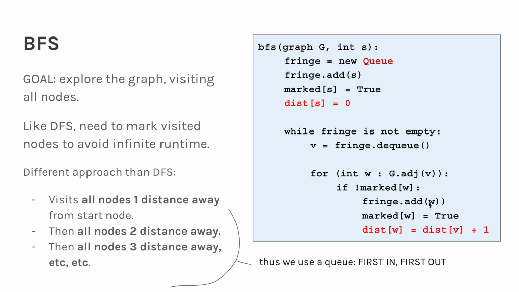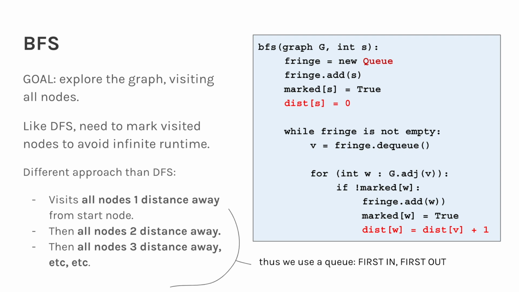And then because it's first in, first out, you're going to visit all of those nodes one distance away from the start before you visit those children's children. So basically just changing the data structure we use drastically changes the way in which we visit the nodes.